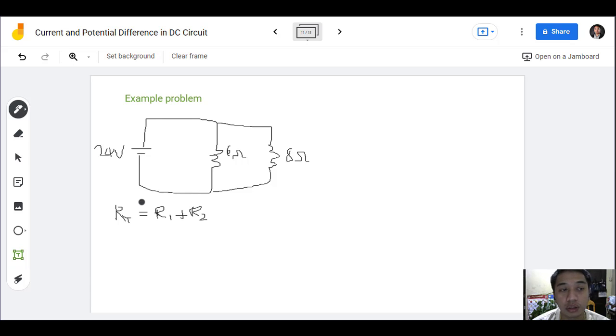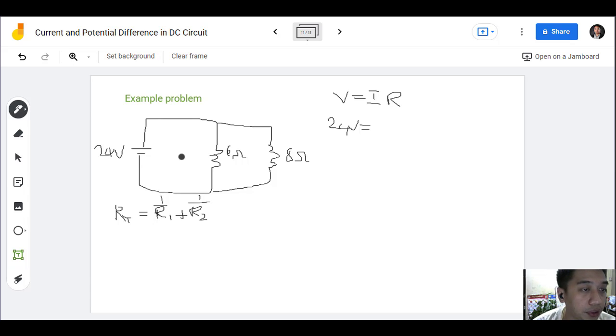But in parallel, we will divide by 1. But before we get the total resistor, no? So let us identify first the current na dumadaloy dito sa unang resistor. So we will use the Ohm's law. V is equals to IR. Our voltage is 24 volts.